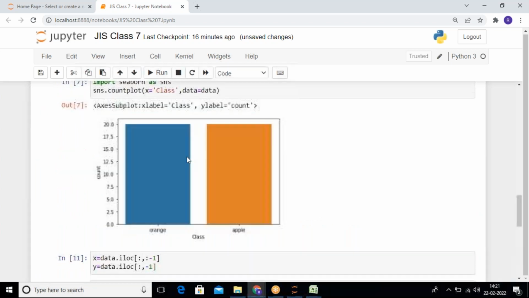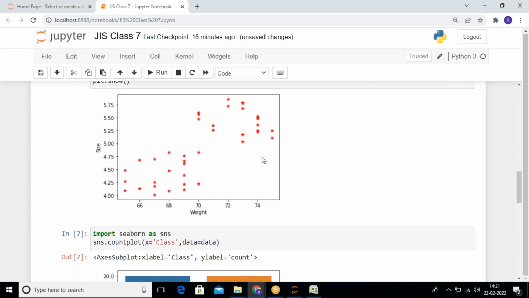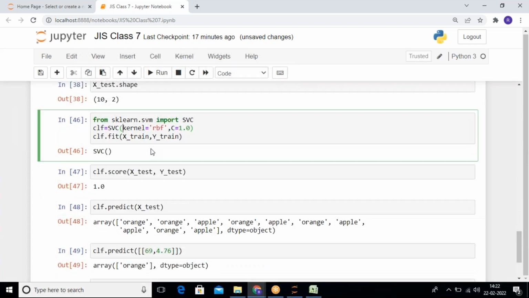If the data set is linear, with clusters already separated between orange and apple, it will work even better. That doesn't mean that if the data set is linear, the kernel is going to give you a poor prediction. No.